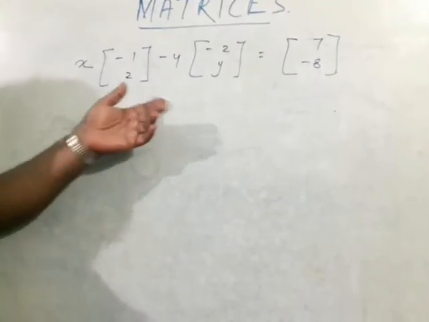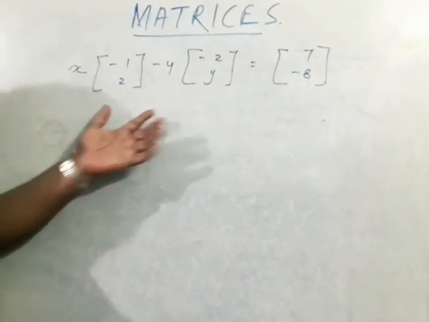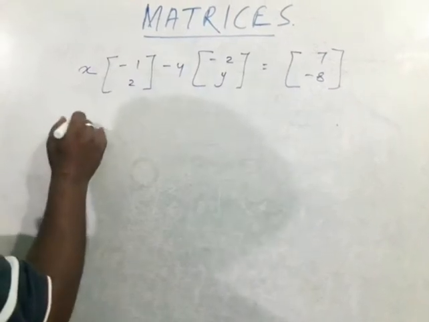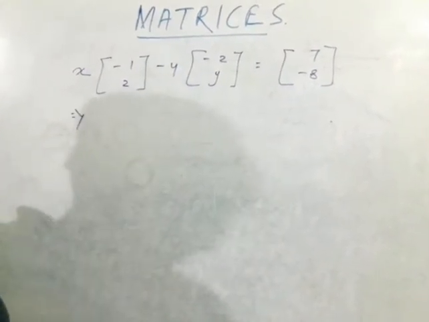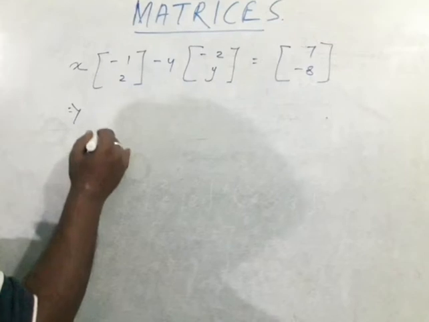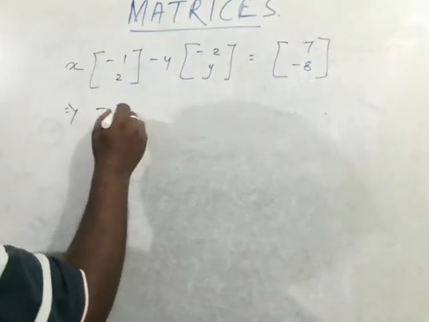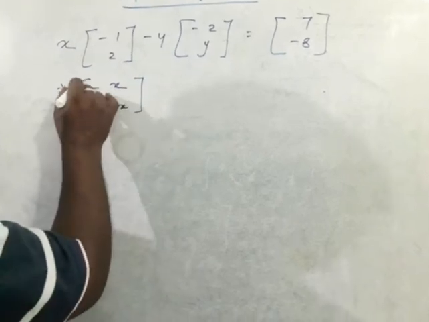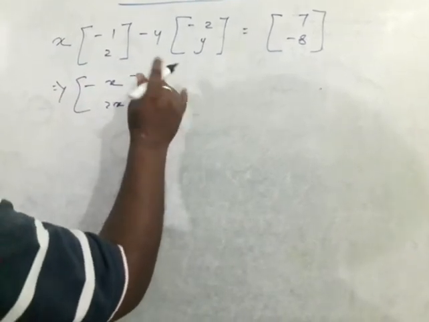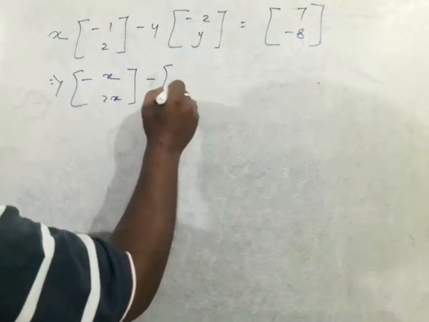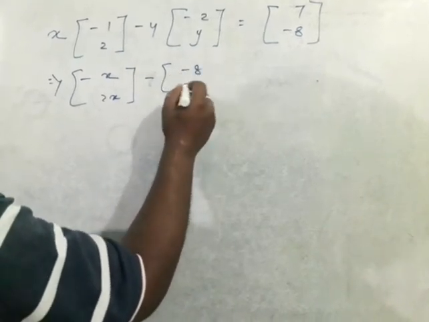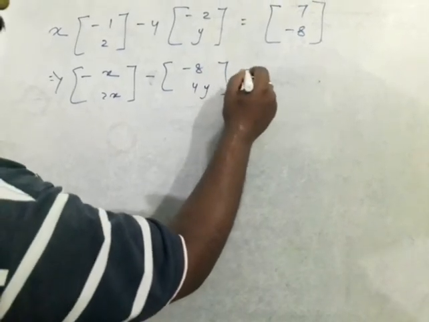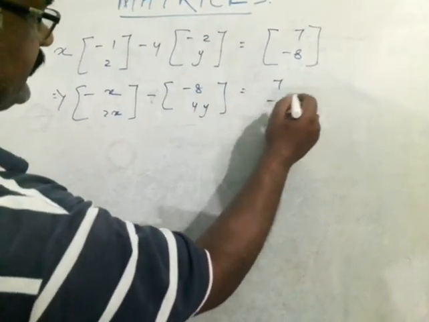Here is an example given to find the values of x and y. How will we find them? Just like an algebraic equation, here we get minus x and 2x minus 4y equal to 7 minus 8.